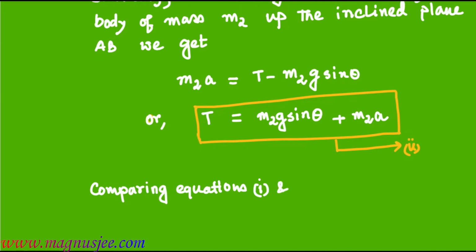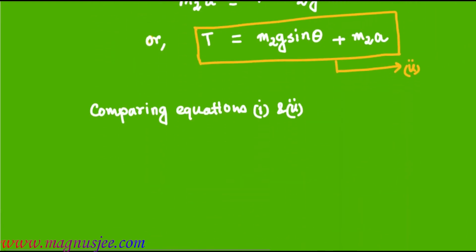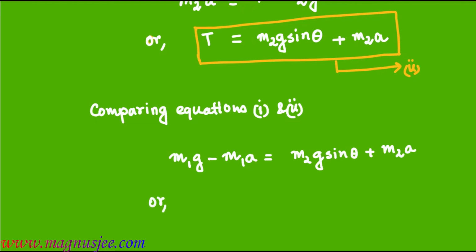Comparing equations 1 and 2, we get m1g minus m1a equals m2g sin theta plus m2a, or m1a plus m2a equals m1g minus m2g sin theta.